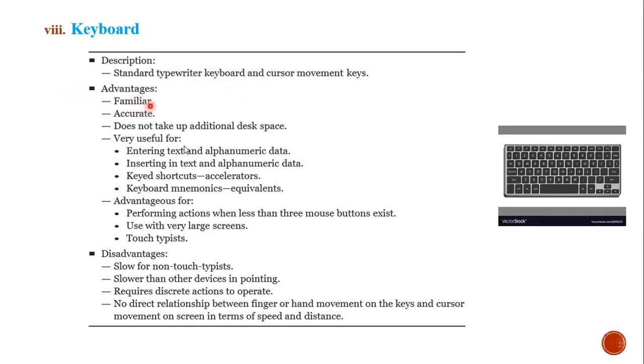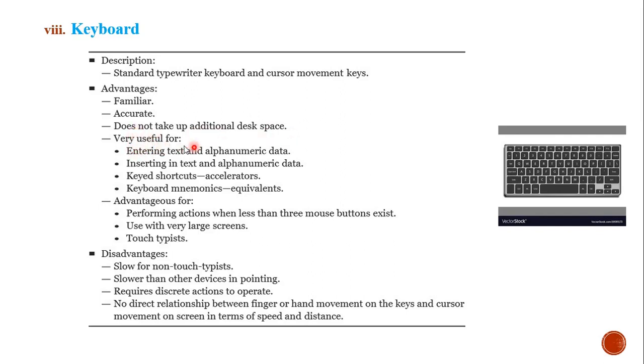The advantage is that it is very familiar and accurate, so whatever you type on the keyboard will be more accurate than what you speak. Giving voice as input is not as accurate, but keyboard interaction will be very accurate. It also does not take up additional desk space.